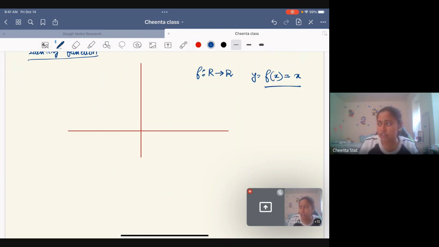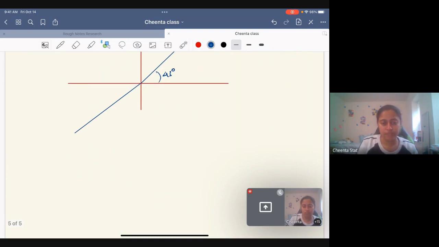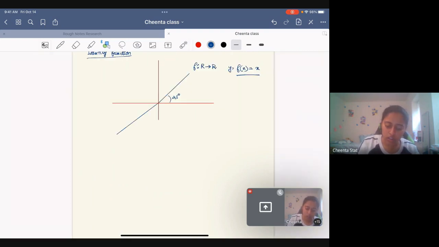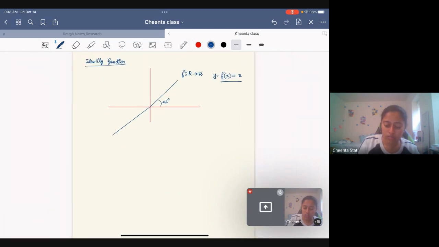That is called the identity function. And what is the graph of this function? This is a line at a 45-degree angle.